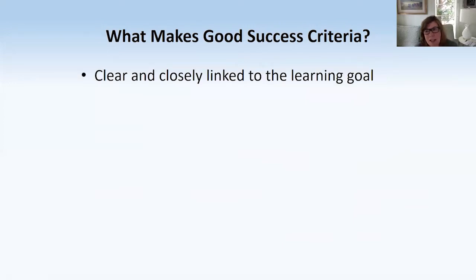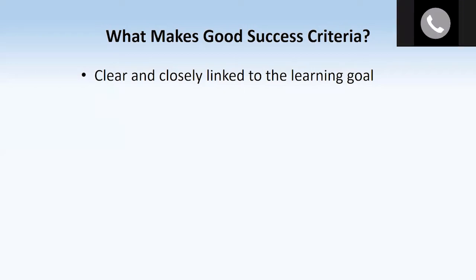Well, if these are the indications that kids are moving forward and have met the goal, that's going to be helpful to you as a teacher and helpful to them as learners, so it's got to be linked to the goal. Sometimes when I work with teachers, they finally end up with a really substantive goal that Charlie would be proud of.